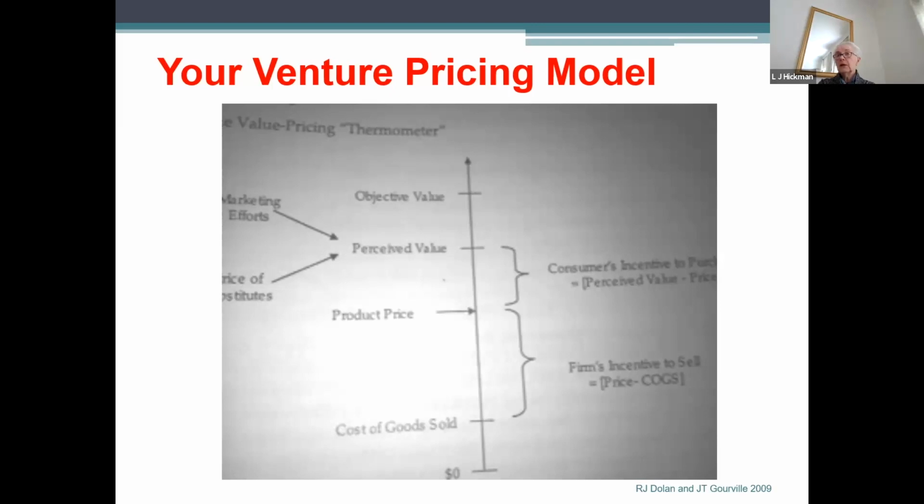Now, objective value is pretty much what everyone might agree your product or service is worth. But the more you work at it, the more you notice that you can change perceptions. For example, I had a team that was working on having some measurement tools in running shoes. And they just were doing it as a bit of a gimmick of quality of the run, as well as to improve style.